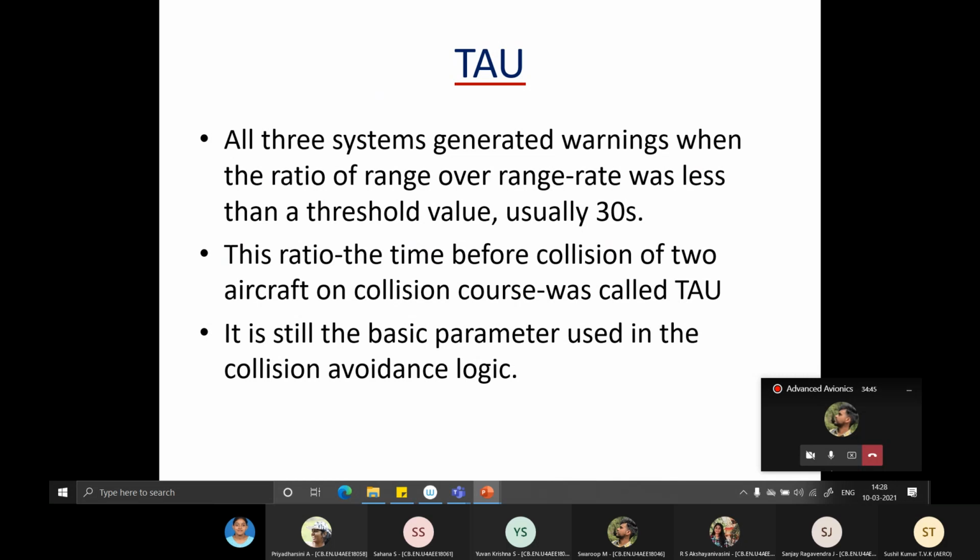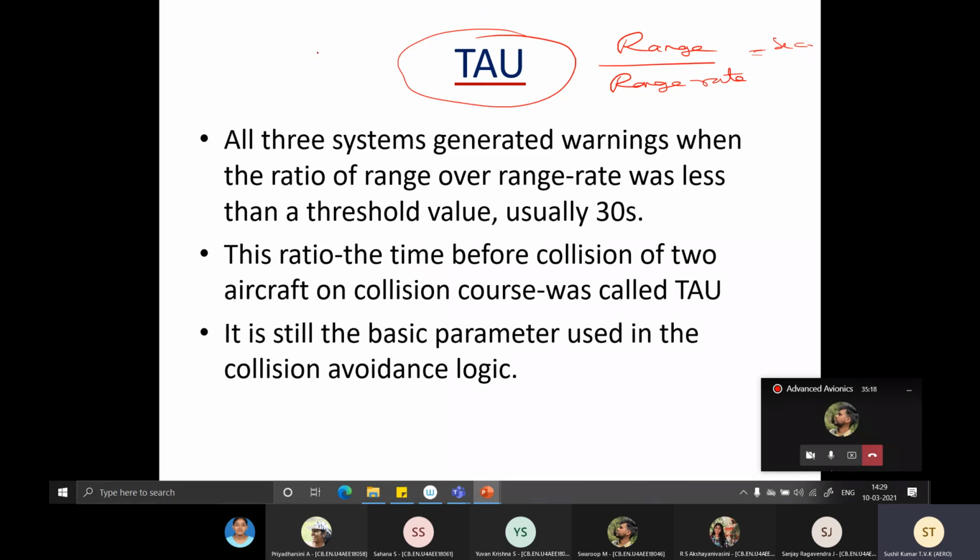Now, instead of giving range as a parameter, we use something called tau. It's nothing but range by range rate, so the unit is going to be so many seconds. The advantage is you really want to know how fast the intruder is closing on to you.